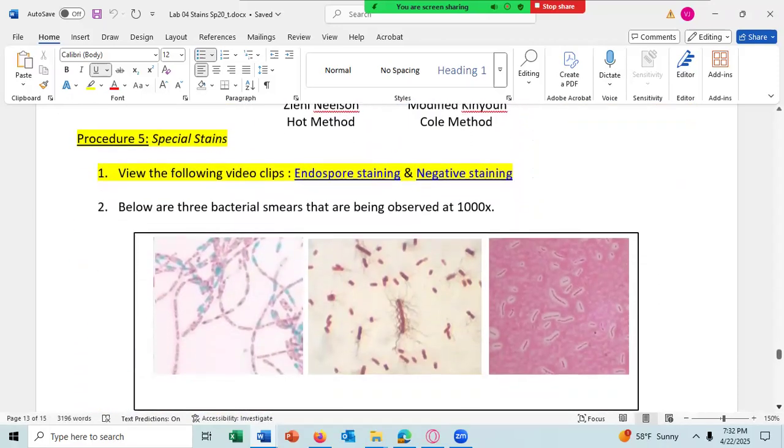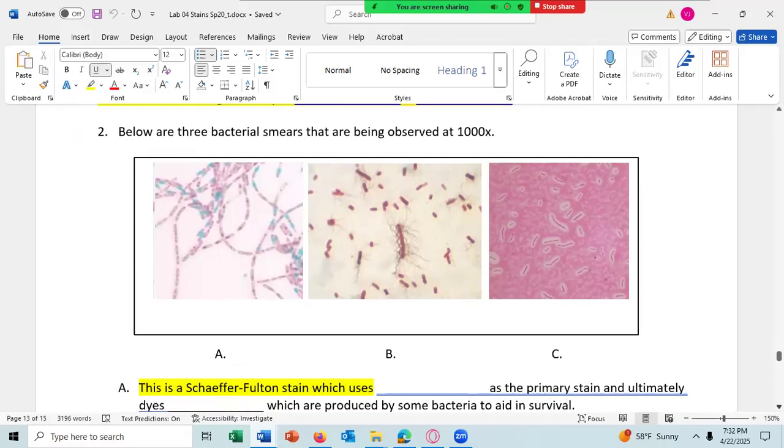Procedure 5, we're going to look at the special stains. We have a video clip on the endospore stain and a video on the negative stain. 5A applies to picture A, 5B applies to picture B, question 5C applies to picture C here.